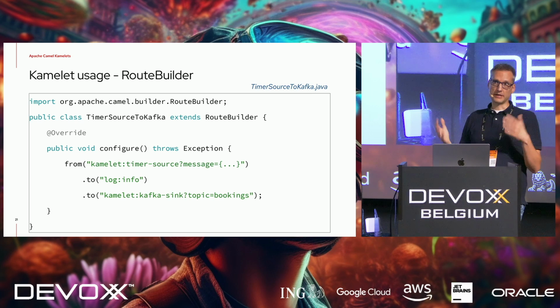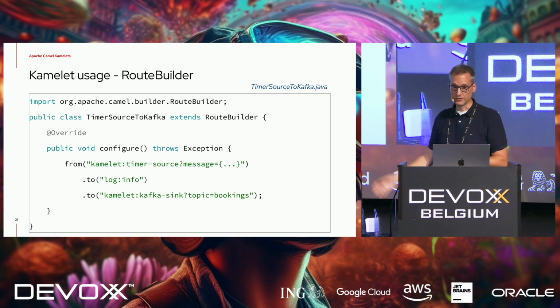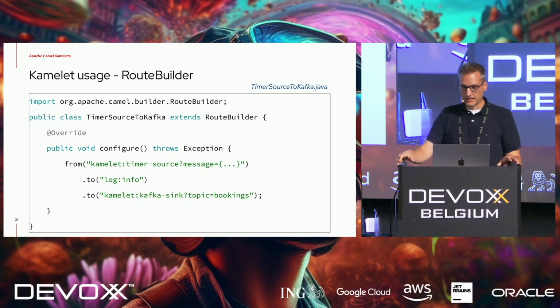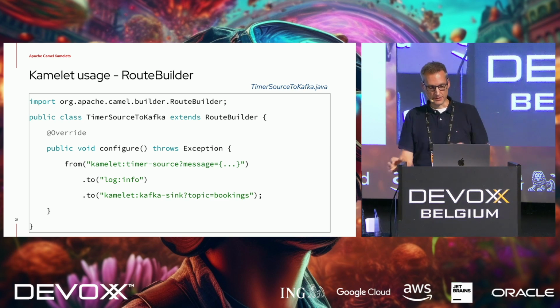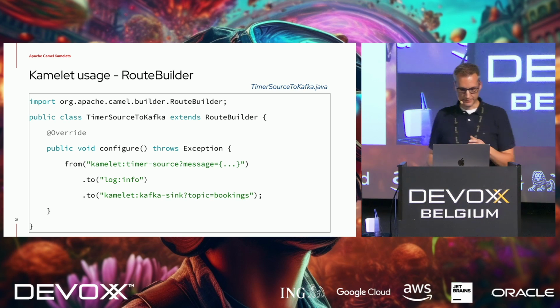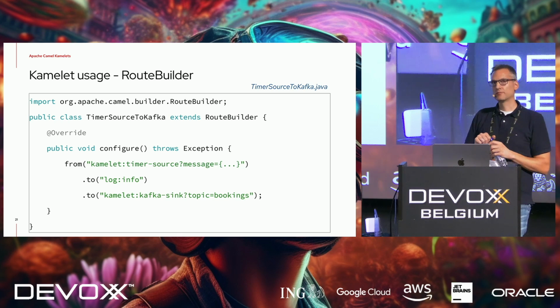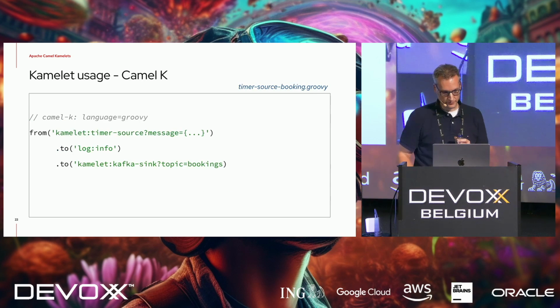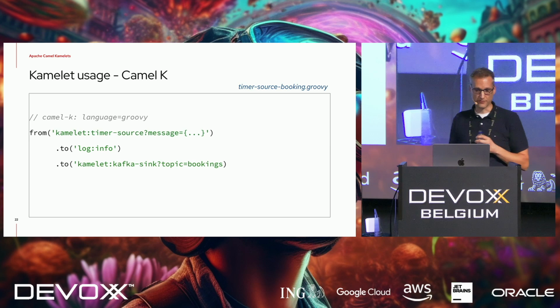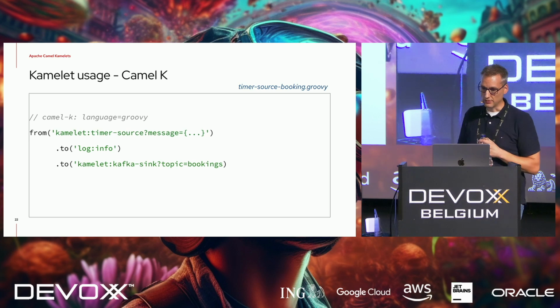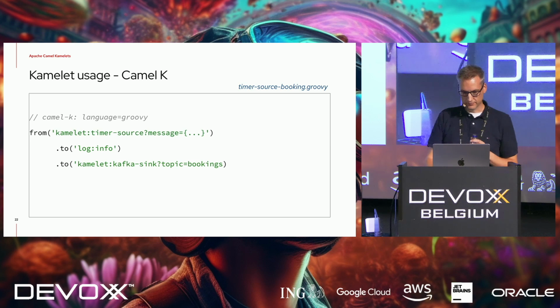You can also write your normal Camel code as a Java developer using this route builder, and use the domain-specific language like the from and the to, and can reference the Camelet. So it's up to you. Whatever language you prefer, you could do this in Kotlin or Groovy. It's always the same.